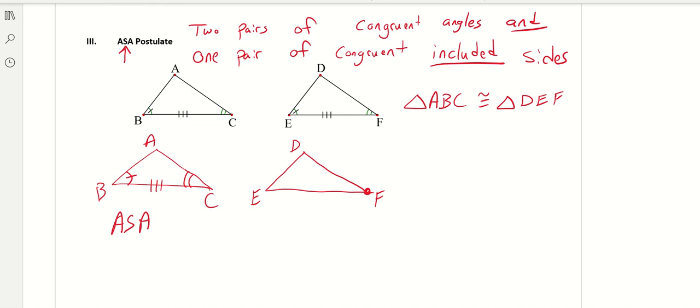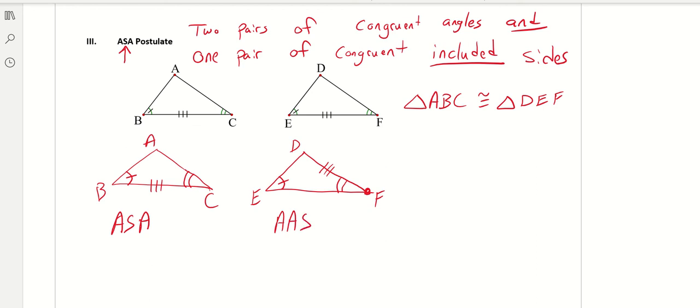But if I mark up this triangle, E is congruent to B, F is congruent to C, but if DF is congruent to BC, DF here is not an included side. So this would be angle, angle, side.